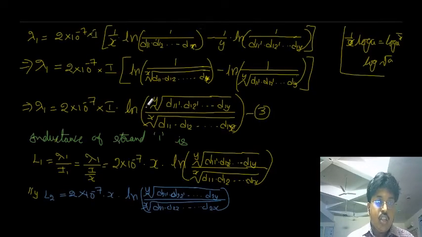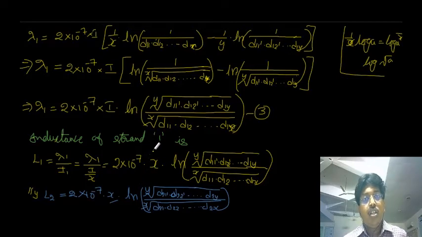As you know, if you observe here, this is the inductance of strand 1 and this is the inductance of strand 2. Both the inductances of the two strands are different. So if you calculate for all strands of conductor A, all the strands will have different inductances.